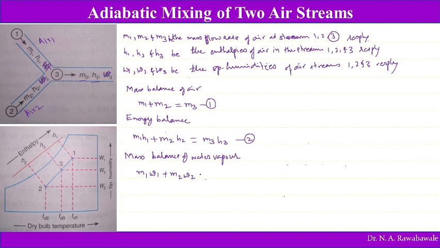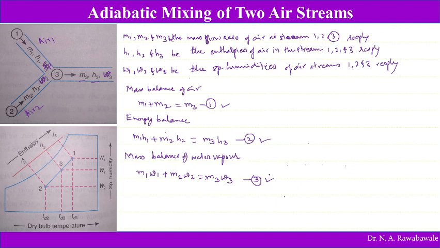This is the mass of water vapor, which is equal to mass of air in the third stream into specific humidity of the third stream. We call this equation number 3. So this is for mass balance of air, this is for energy balance, and this is mass balance of water vapor present in the air.